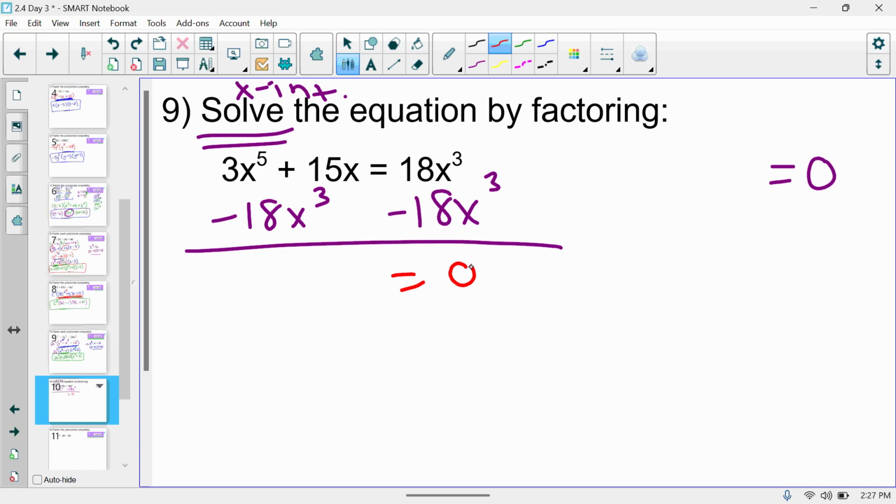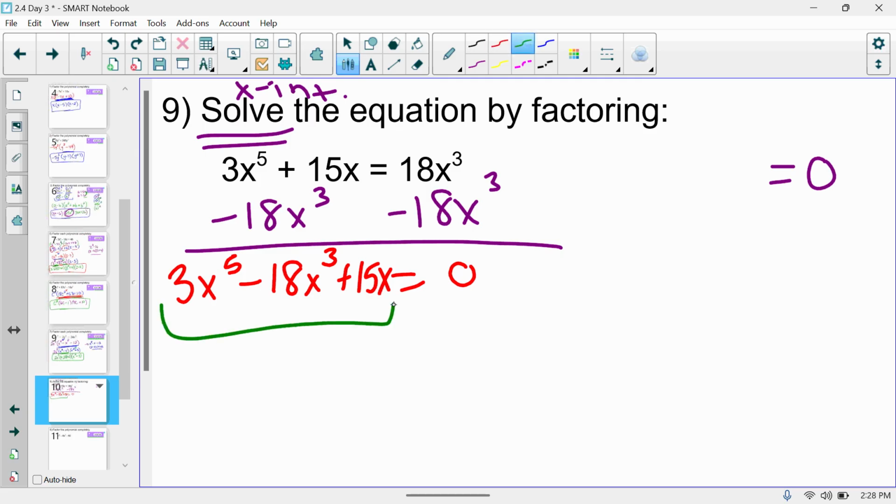But when you write it, I would write it in order, with the term with the highest exponent first, then the one that's to the third power, and then to the first power. Now, guess what? You're going to take this and try to factor it like we've been practicing all class long. So the first thing you're going to do is check to see if there's a common factor among all those terms. And you would find 3x.